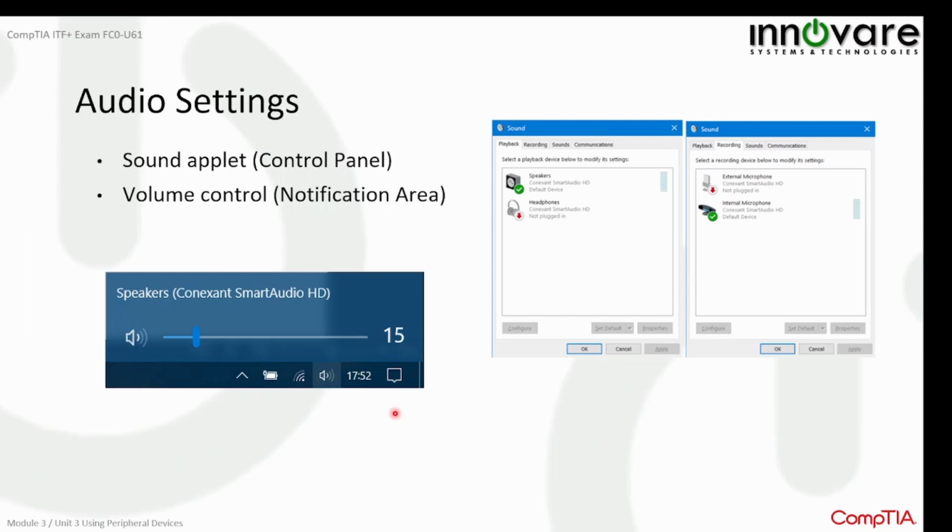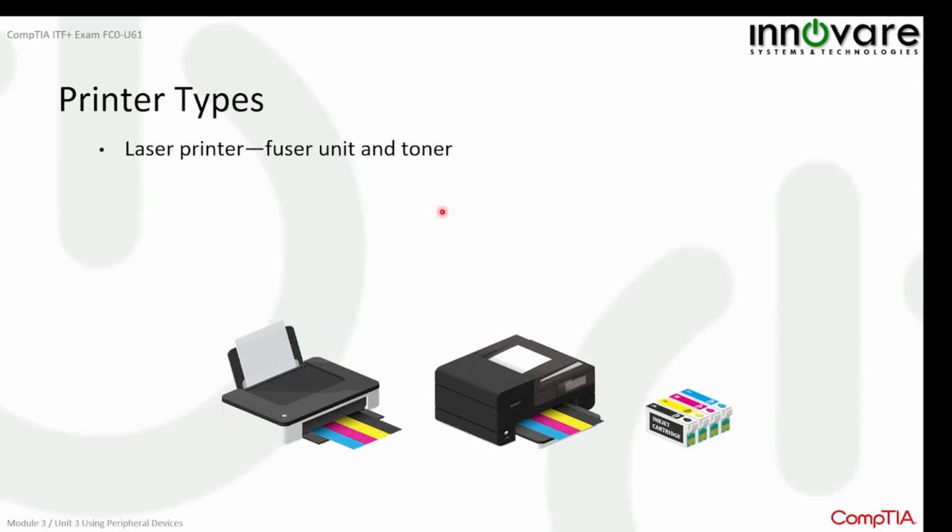Now, moving to devices like printers, right? You've seen this and you have used this. If you have printers at home, you already have experience configuring them. But there are many kinds or types of printers. There's the laser printer, and when you say laser printer, it uses a fuser. There's a fuser unit, where the heat is, and then the toner, where the ink is.